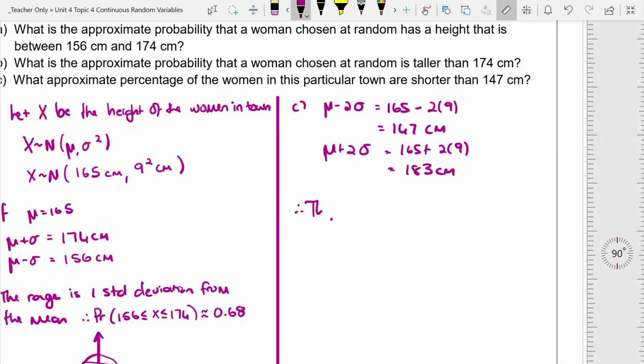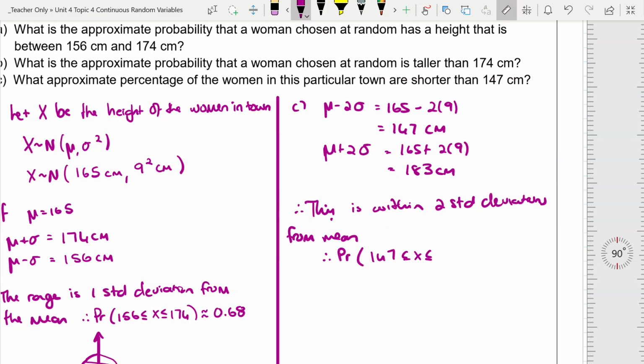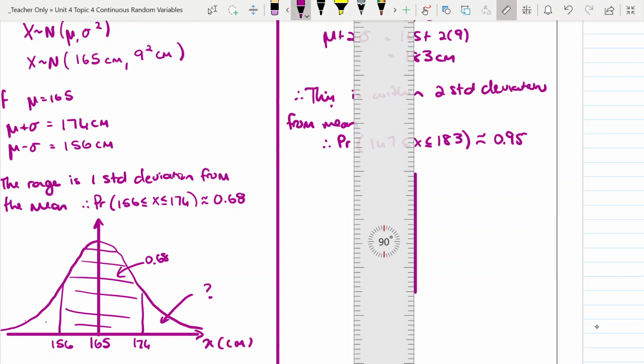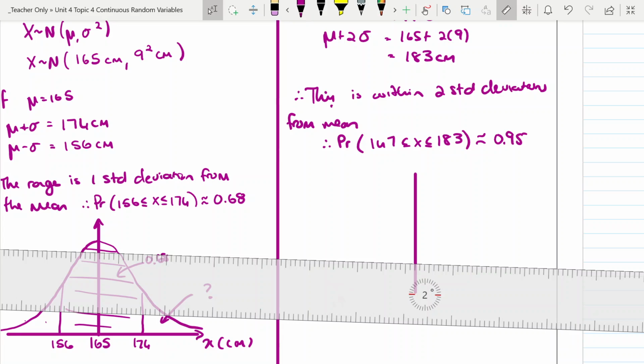So this is within 2 standard deviations from the mean. So therefore my probability of x falling between 147 and 183 is approximately 0.95. Okay, now again, let's draw ourselves a little normal distribution.